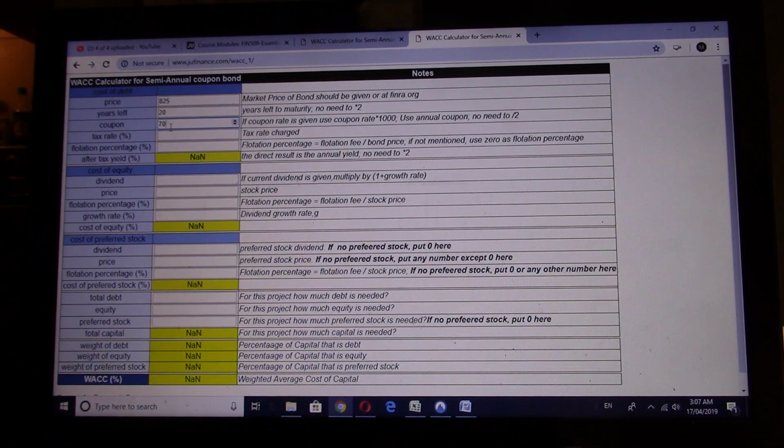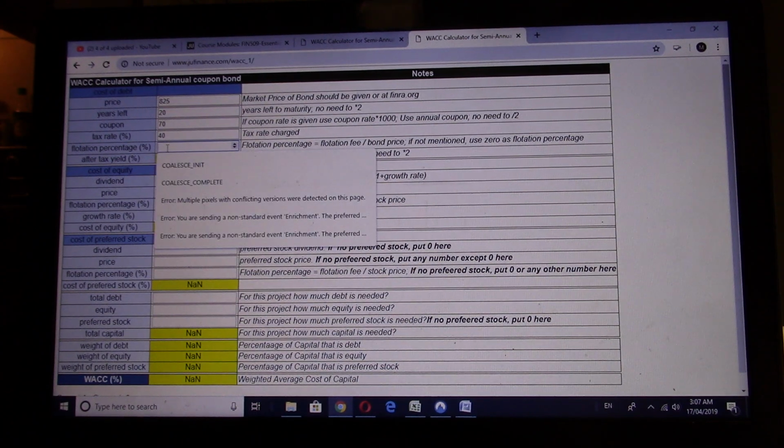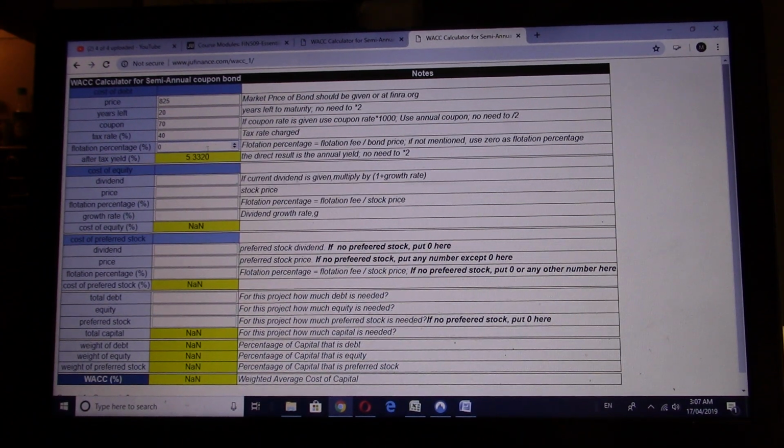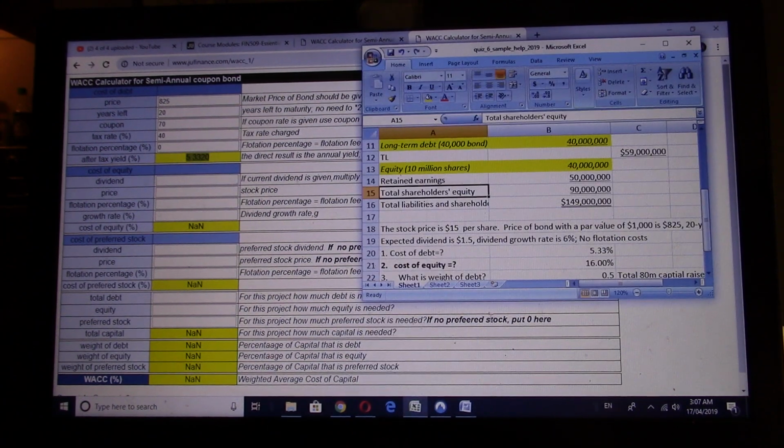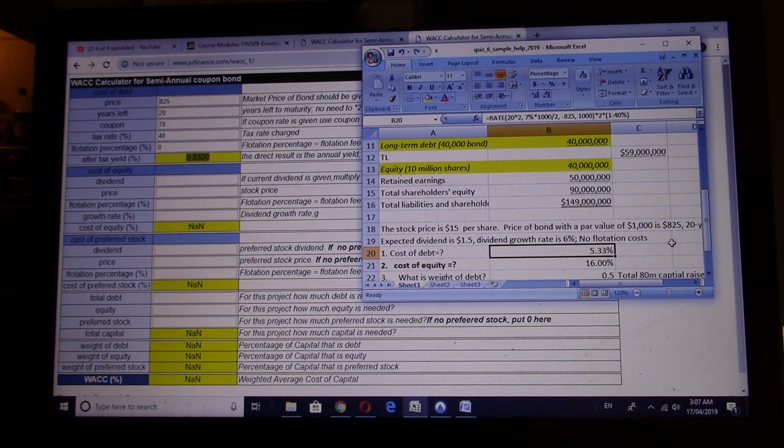So put 70 here. No need to divide it by 2. Tax rate, put 40 here. Flotation, there's no flotation, put 0 there. So it should be 5.33%. So it's the same as what we got here. You use this calculator. You don't have to multiply the result by 2. So you got 5.33% for cost of debt.